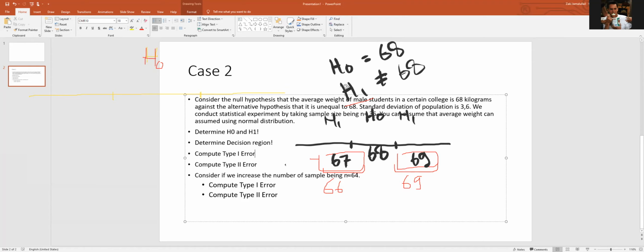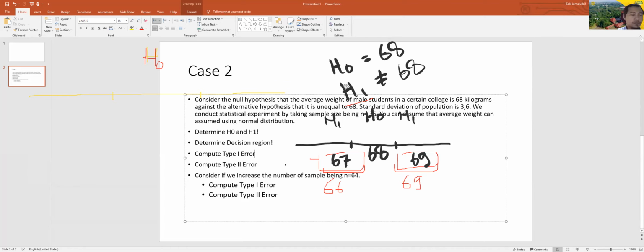Because 67 and 69 represent the H1, the hypothesis one, which is not equal to 68. So we take the nearest numbers, which are 67 and 69.